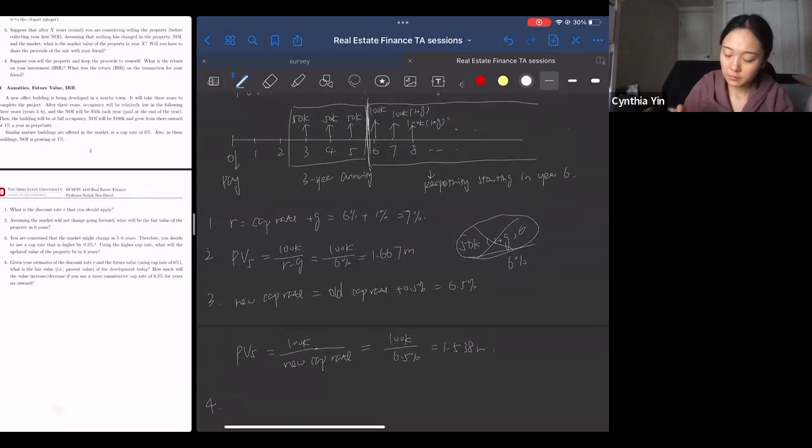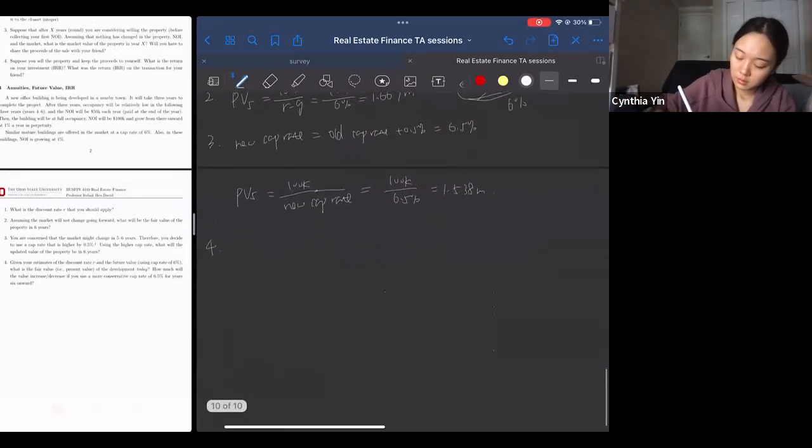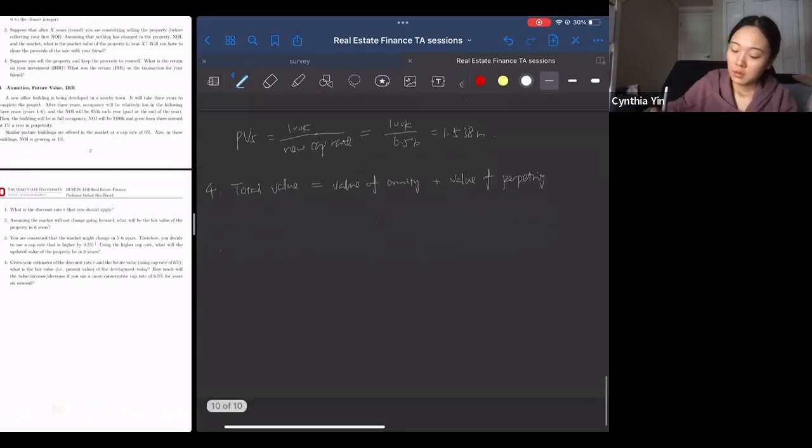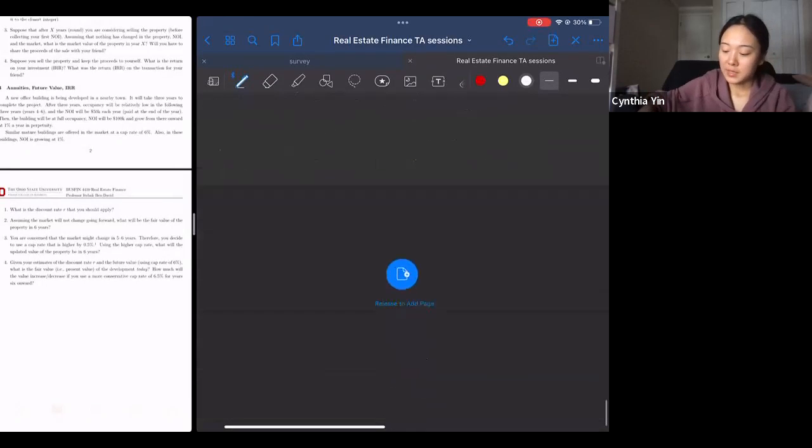So the total fair value includes 2 parts: value of annuity plus value of perpetuity. So we need to do it step by step.